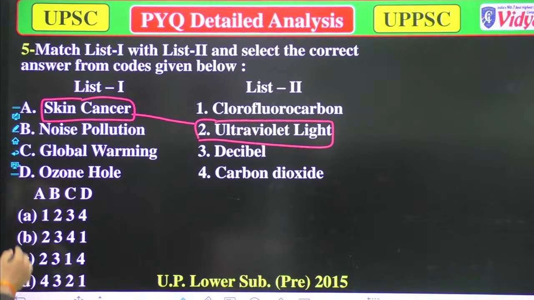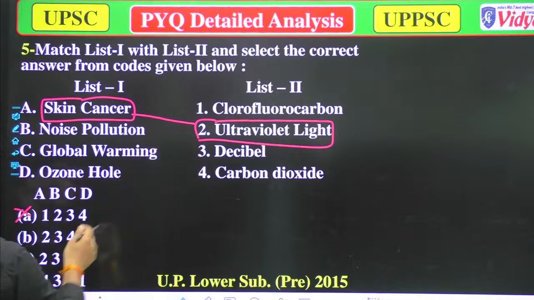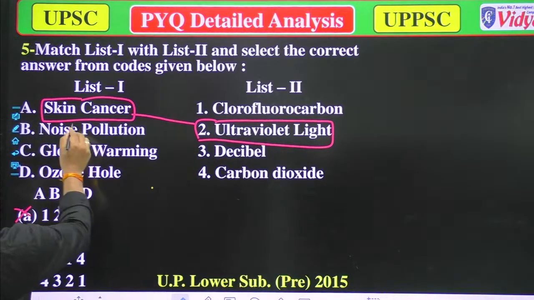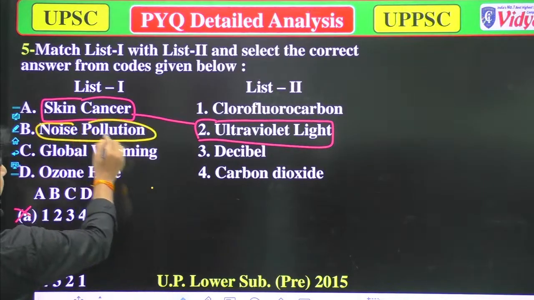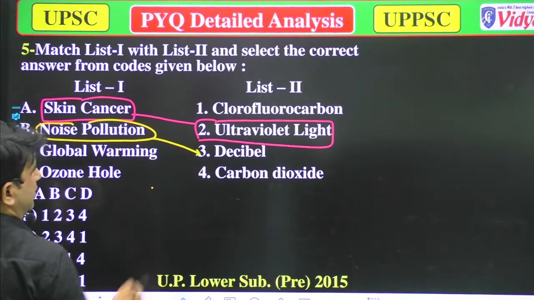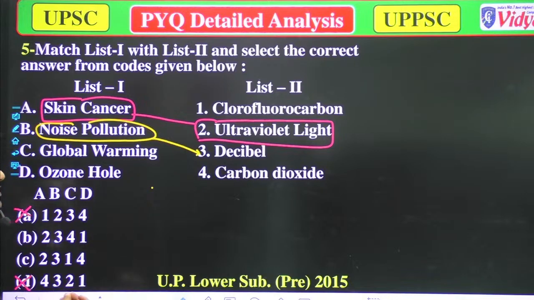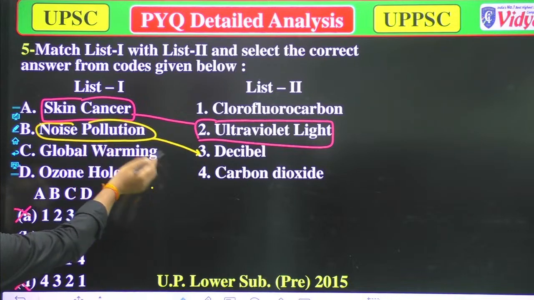A2 means we have only two options, B or C. Again, noise pollution: we generally measure noise in decibels, so B is 3.